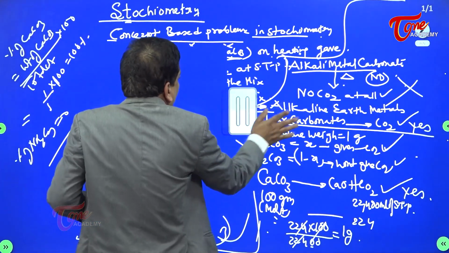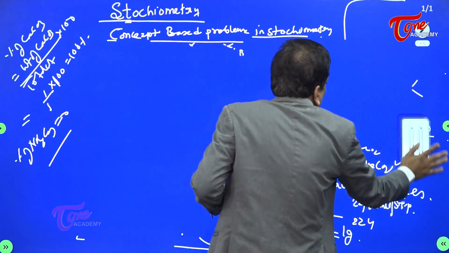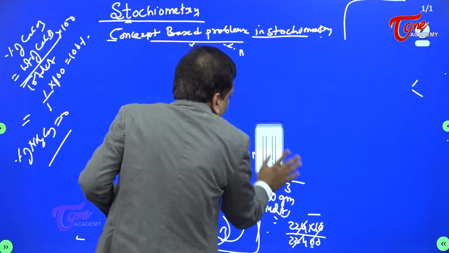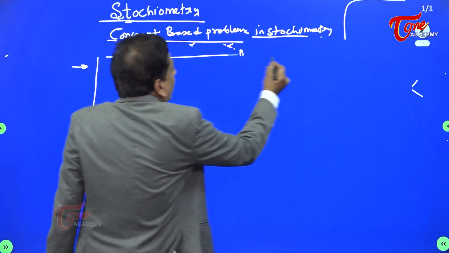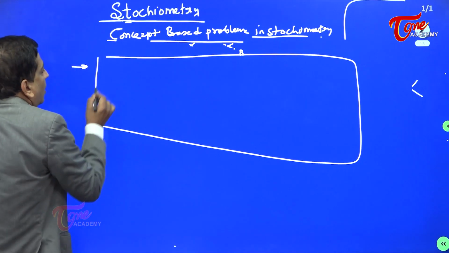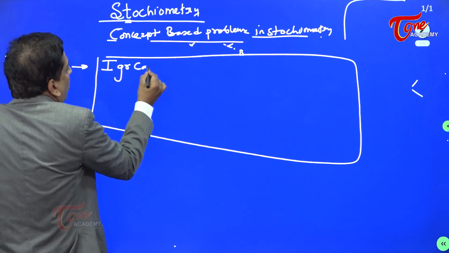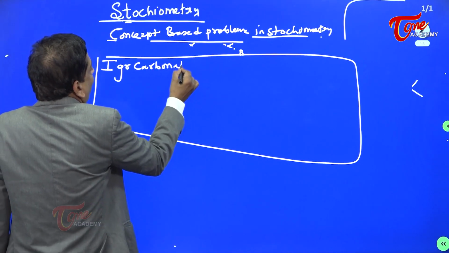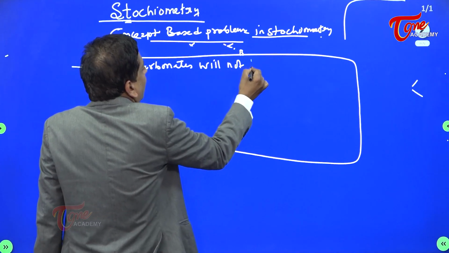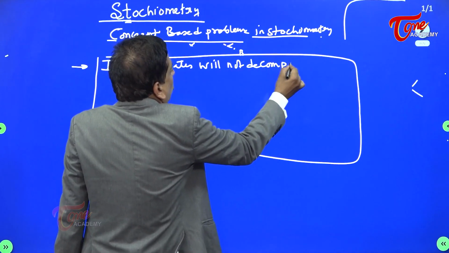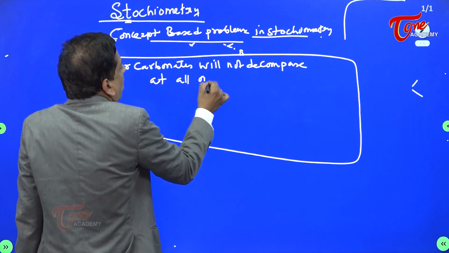Remember this concept again, which I would like to write for you. Watch carefully. First group carbonates will not decompose at all on heating.